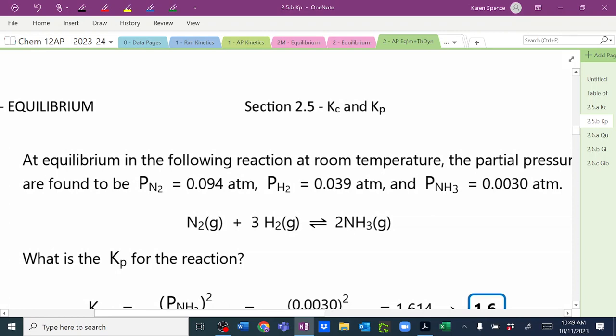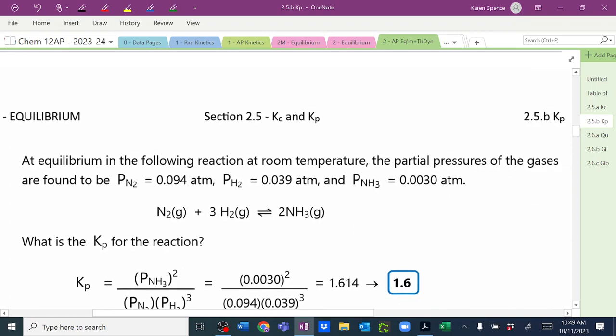I didn't even think it was worthwhile you writing this down. At equilibrium, we find that the partial pressures are given. Could you solve for Kp?